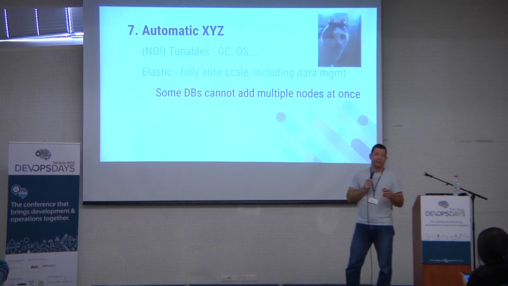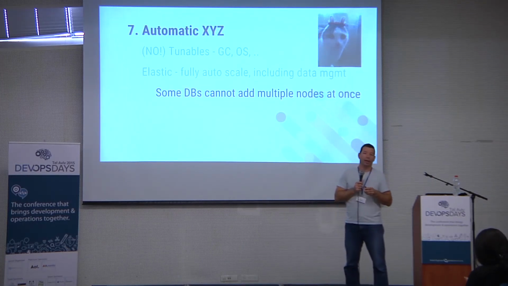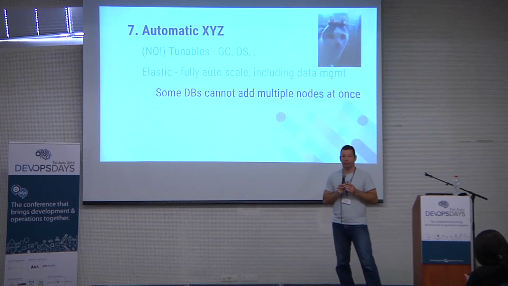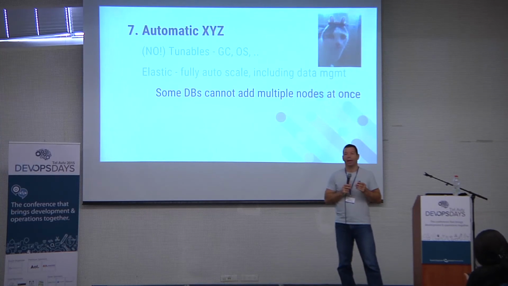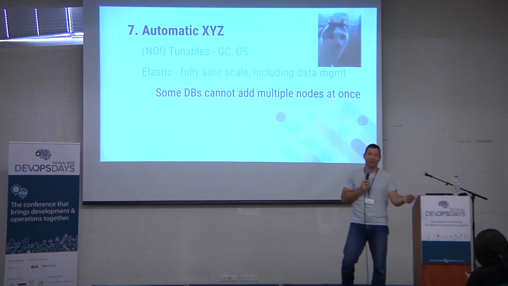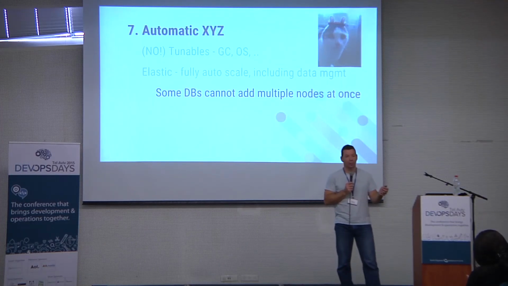Another thing is elasticity. Auto-scaling is important, as I showed before. It's pretty saddening to see that with a lot of products, for instance Cassandra, and also the same database that we manufacture, you can't automatically join many nodes to an existing cluster.